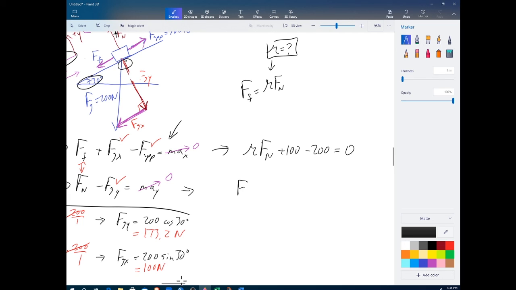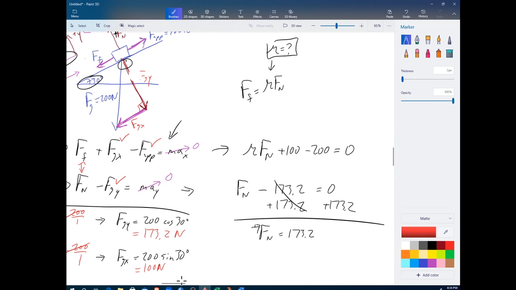Here we have Fn minus FGY, which was 173.2, also equals 0. I can use that to solve for my normal force, and once I have that, I can plug it into my top equation, and I'm practically done.